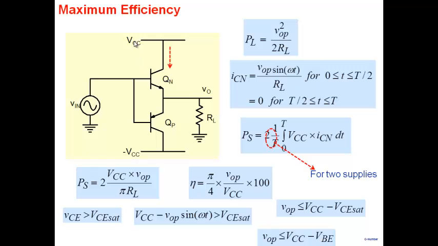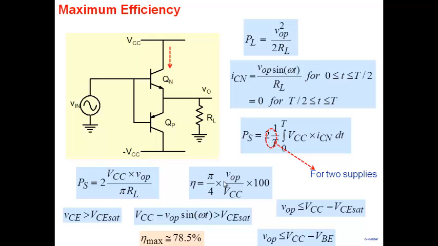As I said, if you have 12 volts or 15 volts here, maybe 0.1 here, 0.2 here, or 0.7 here, maybe they don't matter that much. But if you're running it on a small supply voltage, plus 1.5, minus 1.5, then 1.5 minus 0.7 becomes a significant drop. Okay, so one needs to take these into account.